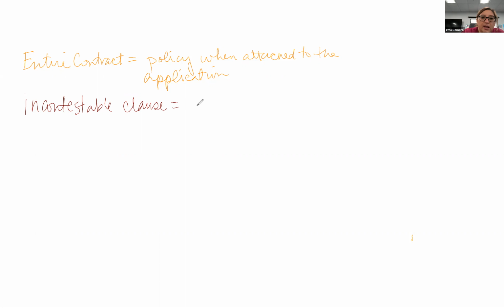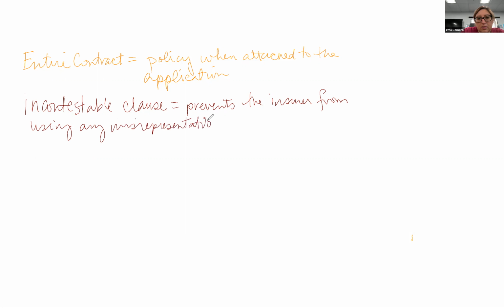So the incontestable clause prevents the insurer from using any misrepresentation or concealment against the insured after the policy is in effect.